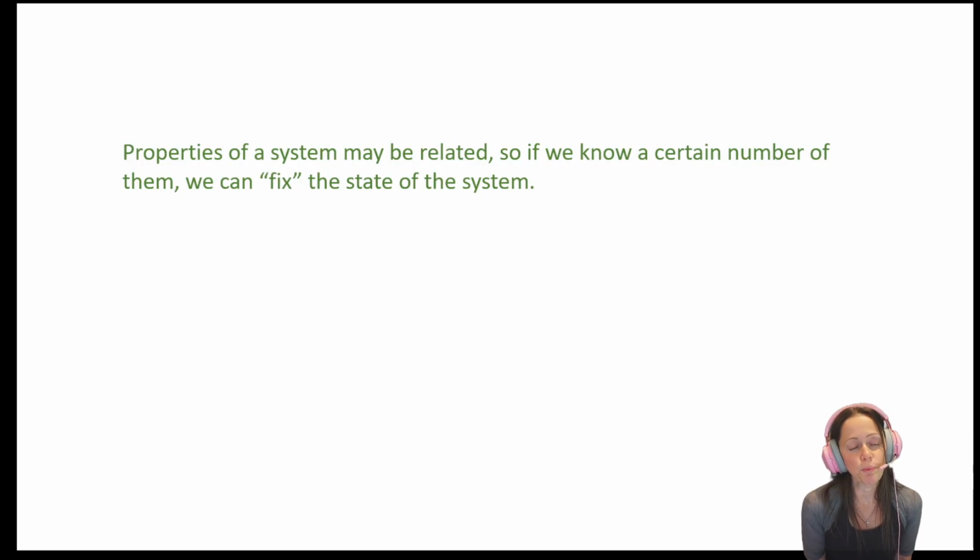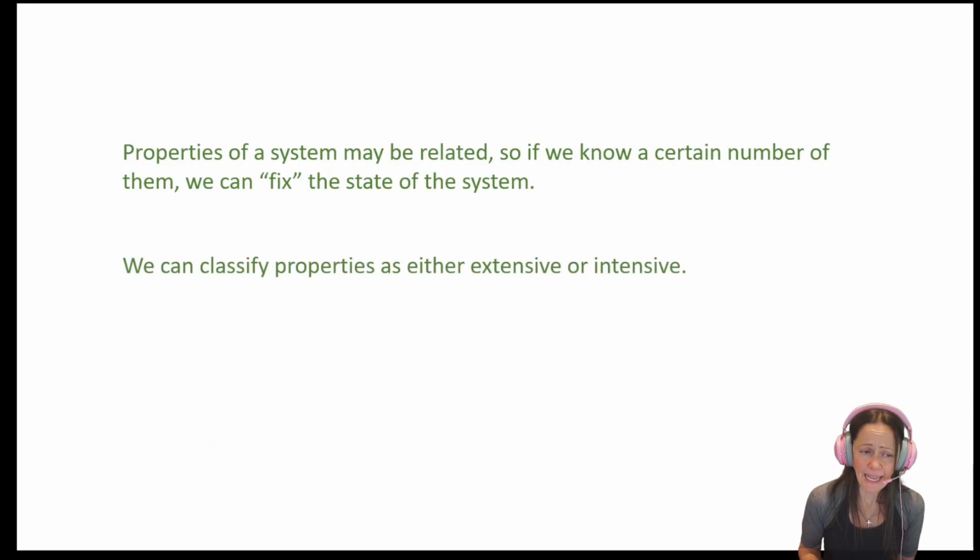All right, so properties of a system may be related. So if we know a certain number of them, then we can fix the state of the system. When we say fix the state of the system, we mean that we'll be able to figure out any other properties that we want to know about that system. We'll get back to that in a second, but we can classify properties as extensive and intensive properties.